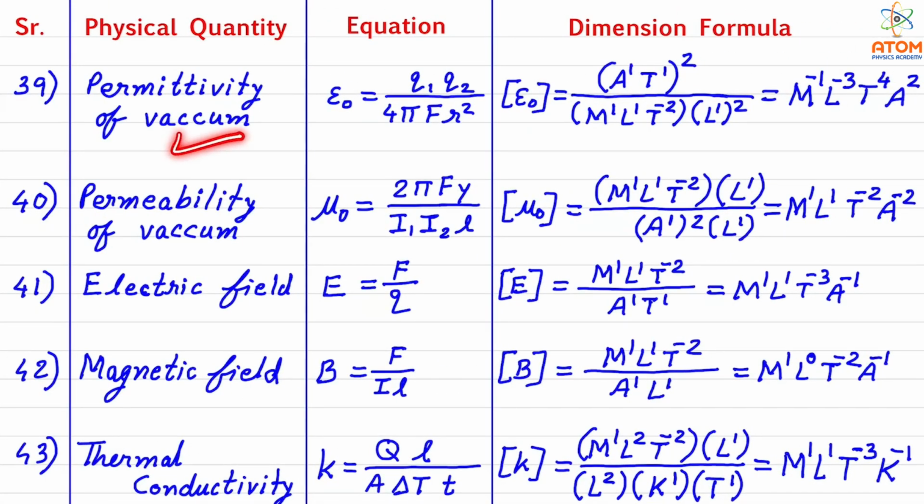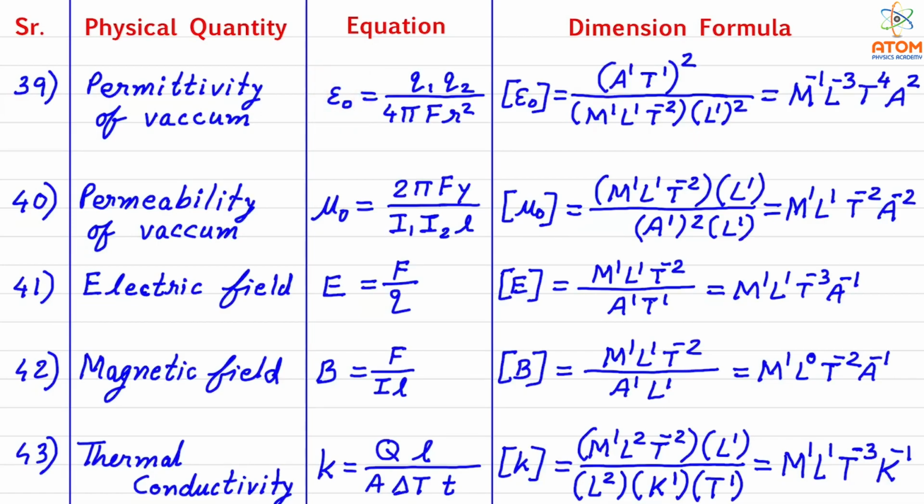Now permittivity of vacuum. This is from a chapter of 12th standard, that is charges and electric field. This is permittivity of vacuum, which is denoted by epsilon 0. I repeat, this is epsilon 0.